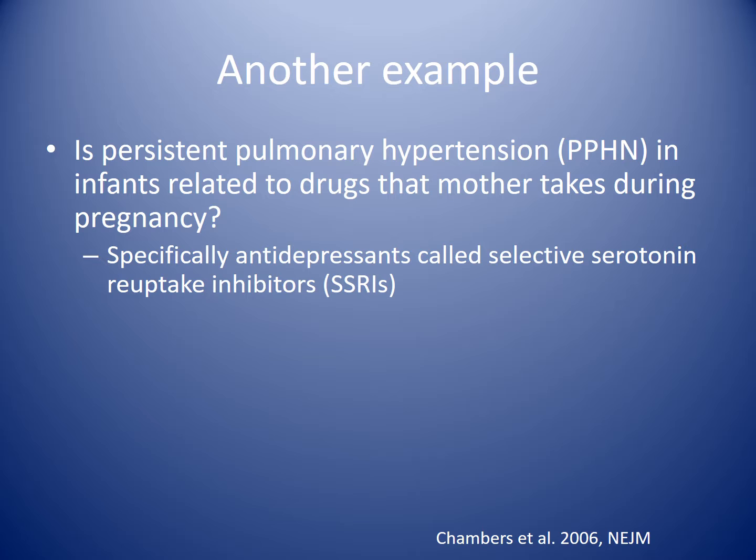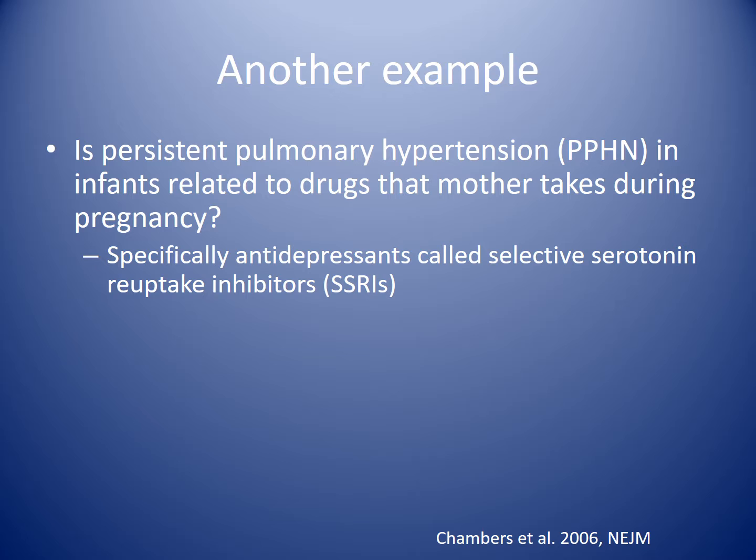The question being addressed was: is persistent pulmonary hypertension in infants related to drugs that a mother takes during pregnancy? There was a thought that a specific category of antidepressants called SSRIs maybe were causing pulmonary problems in babies.